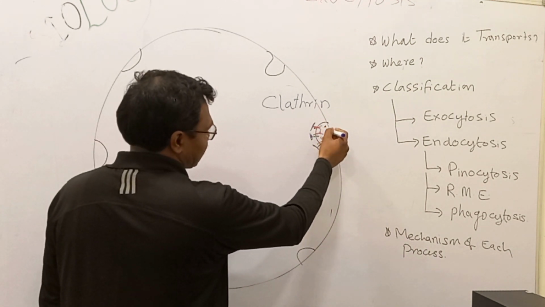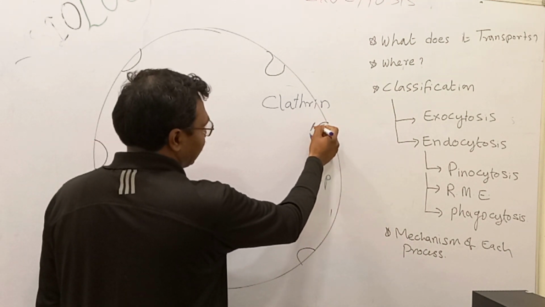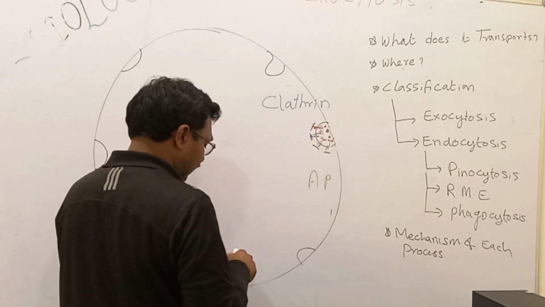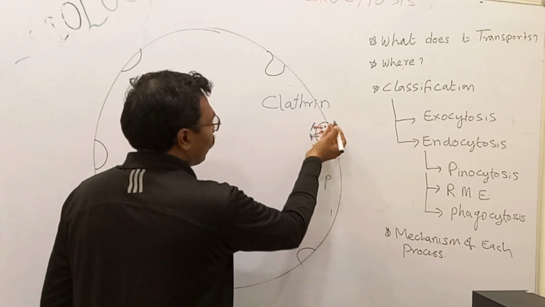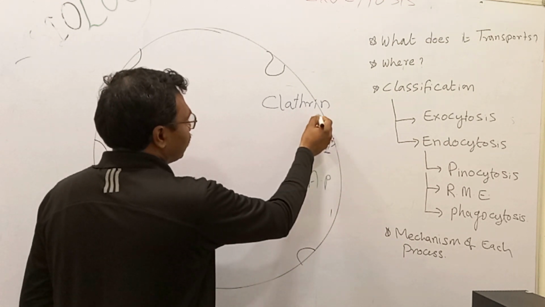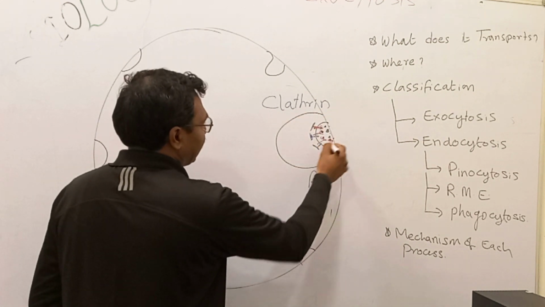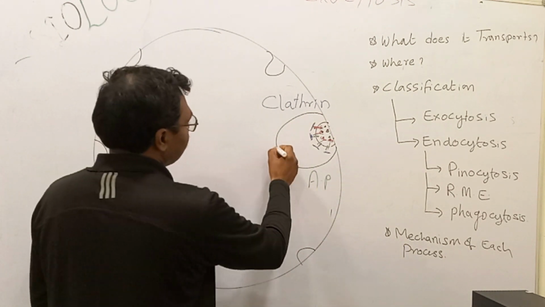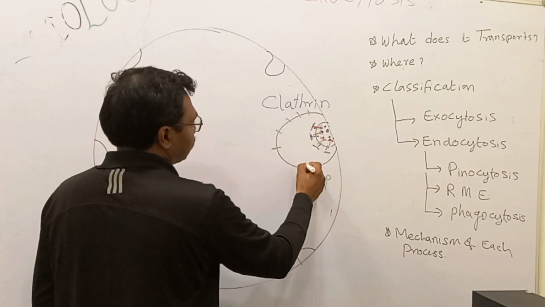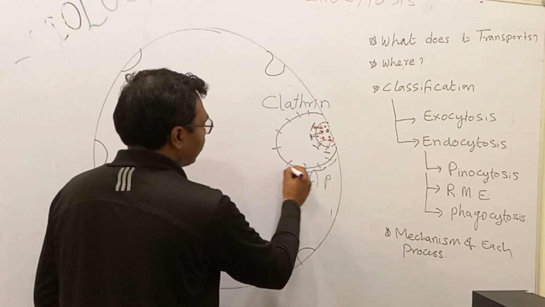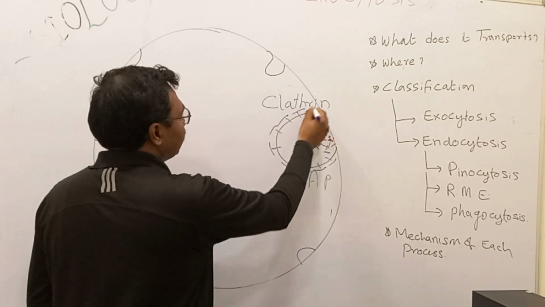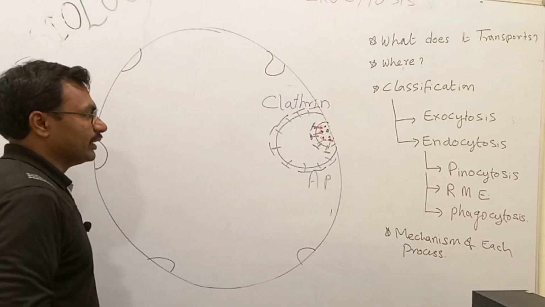Once the ligand binds, once the target binds with the receptor, what happens? It gradually forms a vesicle. Around the vesicle, clathrin is surrounded.